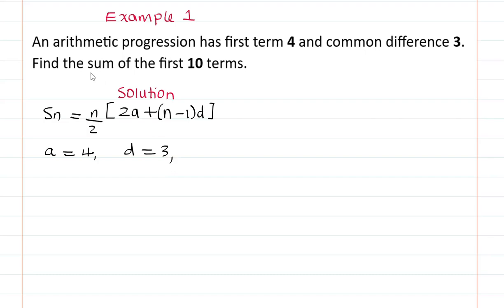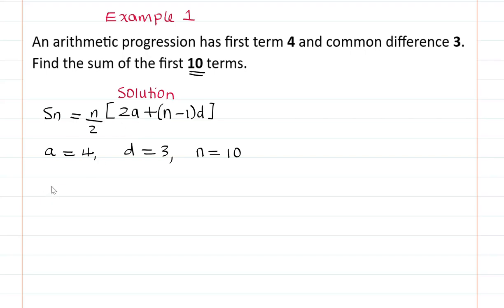And finally, the question is asking for the first 10 terms. So what is the number of terms we are dealing with? We are dealing with 10 terms, so our n becomes 10. Therefore, our task is simply to substitute in the formula.